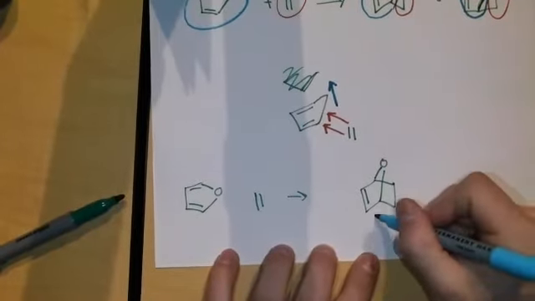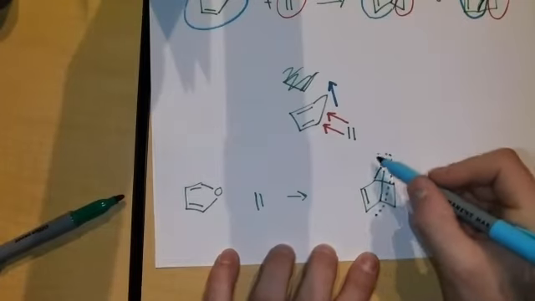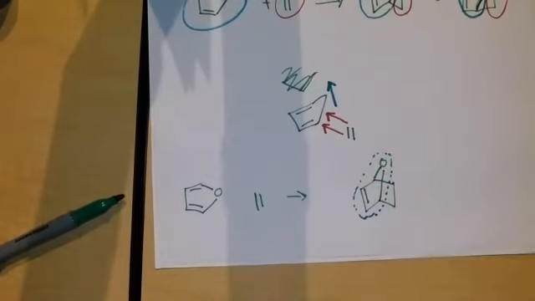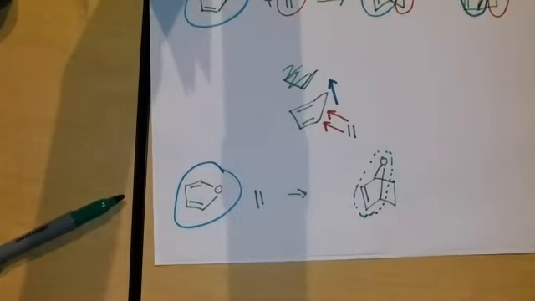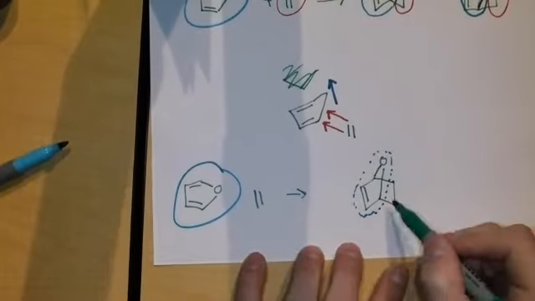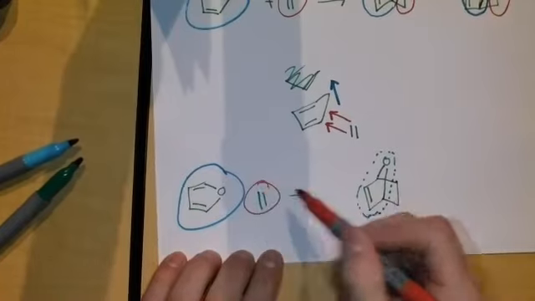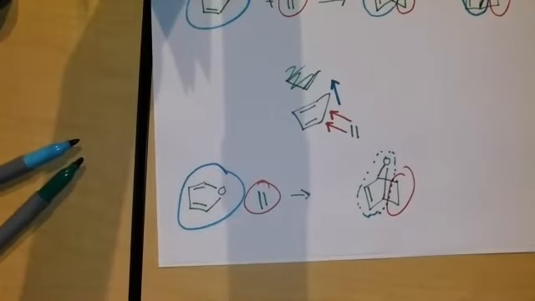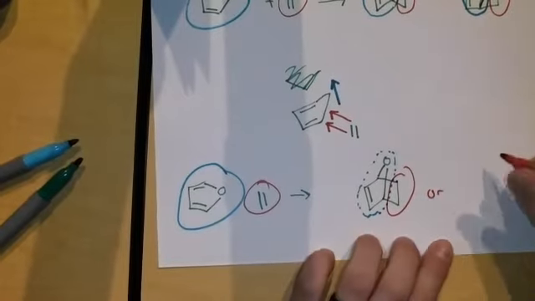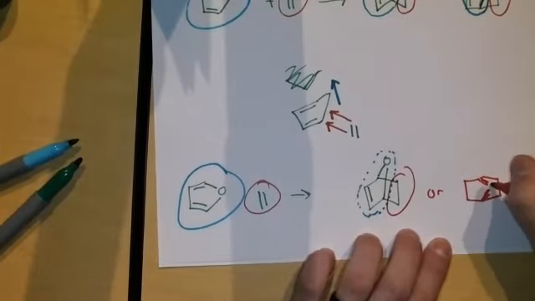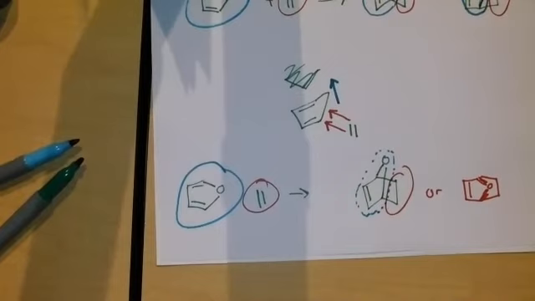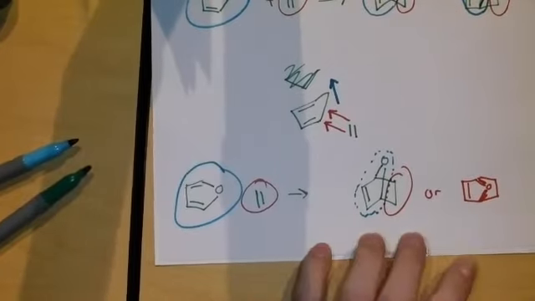So again, your 5 carbons from your furan ring here are going to be these 5, and then the other 2 are going to be these 2. It's a little tough to draw the other way, but that would also be your 2D model for this.